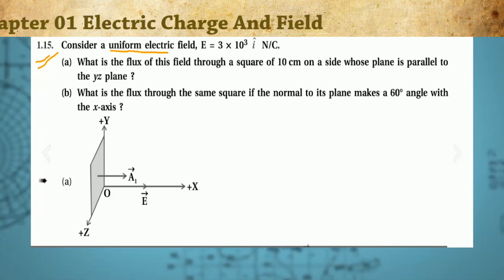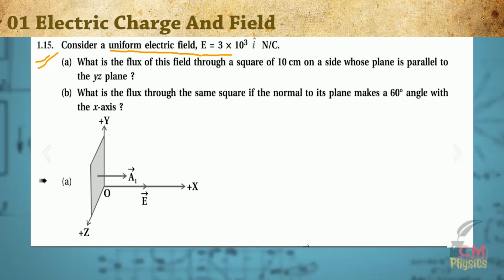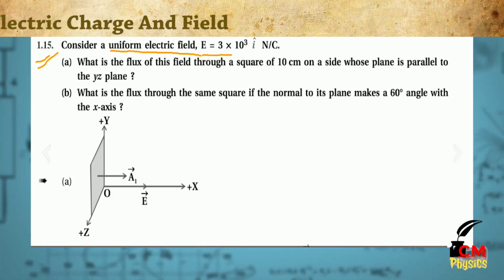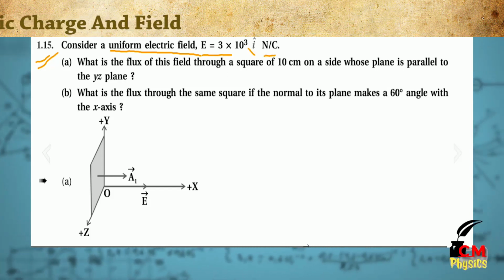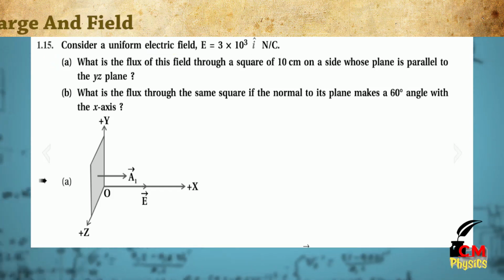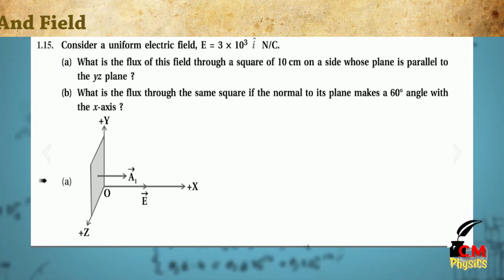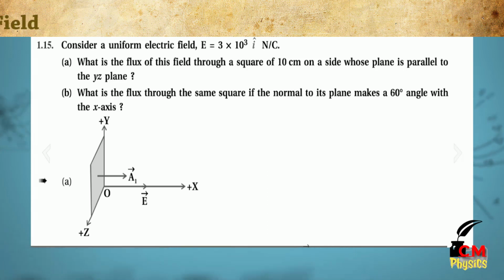Consider a uniform electric field of value 3 into 10 raised to 3 i cap Newton per coulomb. That means the electric field is working along the x-axis direction.